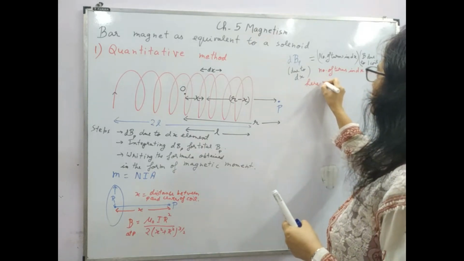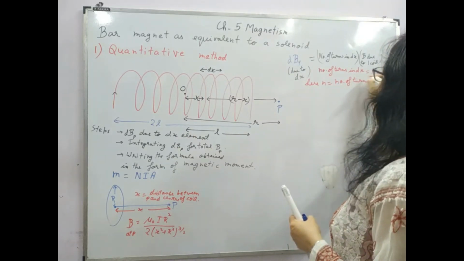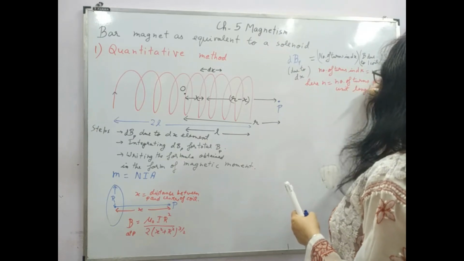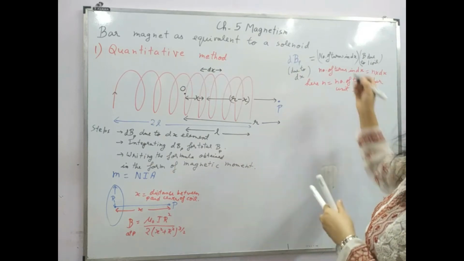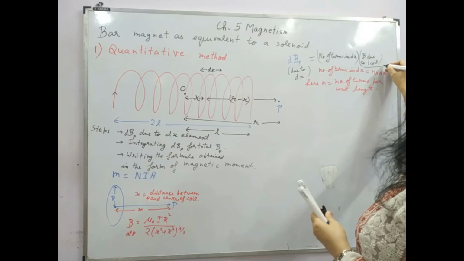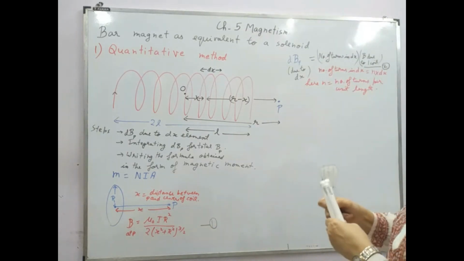Here n is equal to number of turns per unit length. So n dx is the number of turns. So we will write the formula here. This I am marking as second, this I am marking as first.